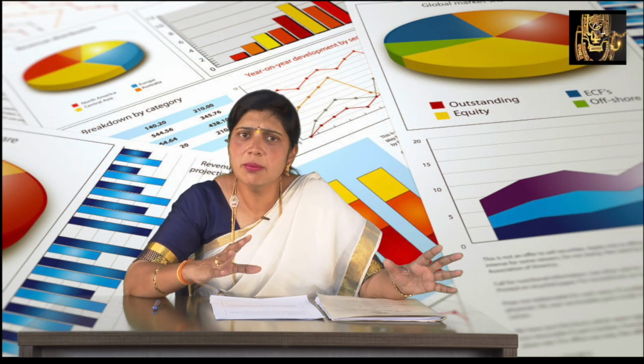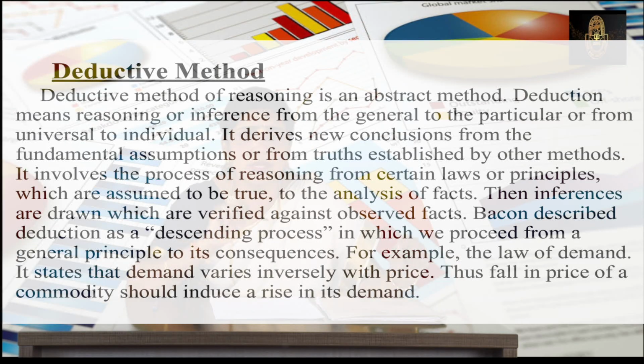Here we have one method called the deductive method. What is the deductive method? It is a method of reasoning, an abstract method. Deduction means reasoning or inference from the general to the particular, or from the universal to the individual.